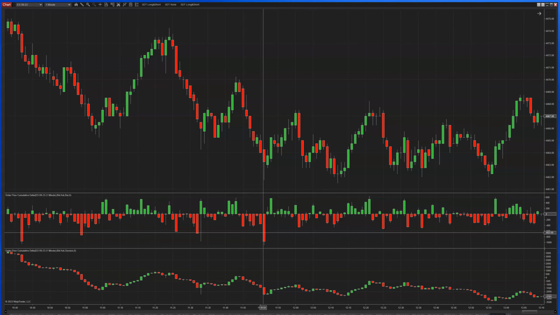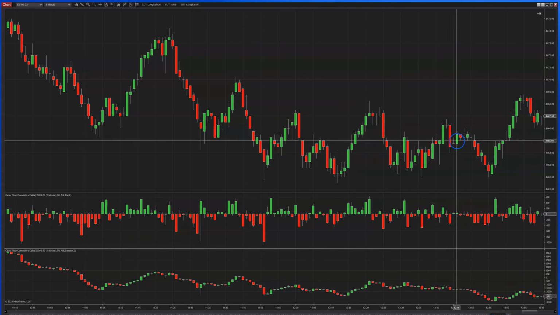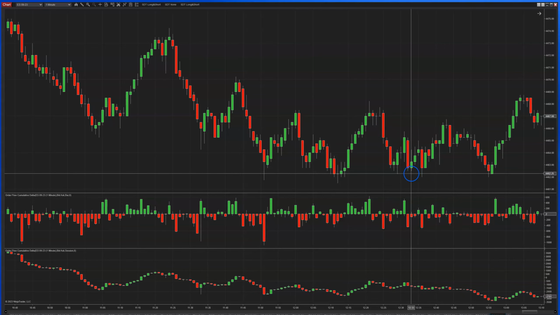And some traders see delta divergence on a bar by bar basis. So when I'm looking at it, it's at new highs or new lows, whereas some traders will look at it on a bar by bar basis. For example, here, you got a green candle with negative delta.